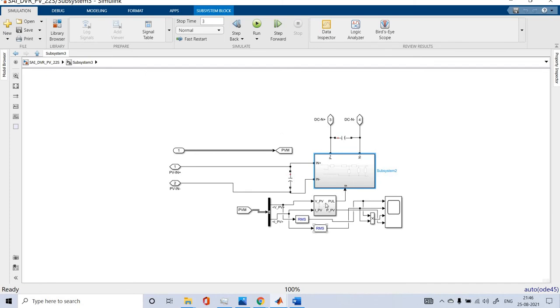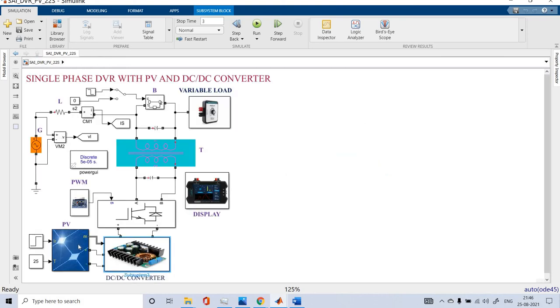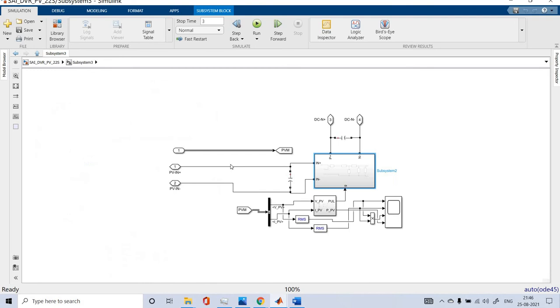After that, this is the PV MPPT, the perturb and observe (P&O) method. We get the measurement input from the PV panel: the terminal voltage of the PV panel and the terminal current.